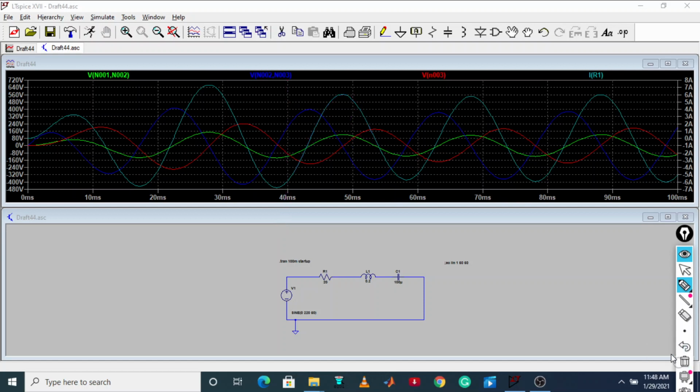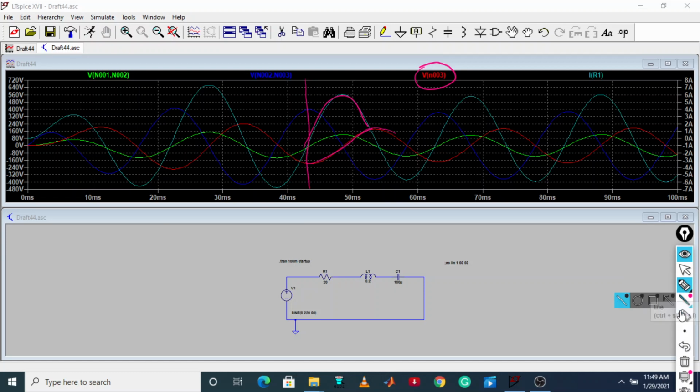Now from here it got clear. Now if you see the capacitance, the current always leads here. Now if I plot the curve here, the current is leading. This is the current leading the capacitance voltage.